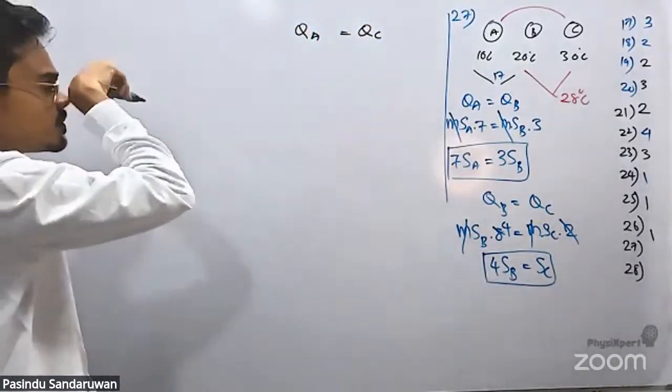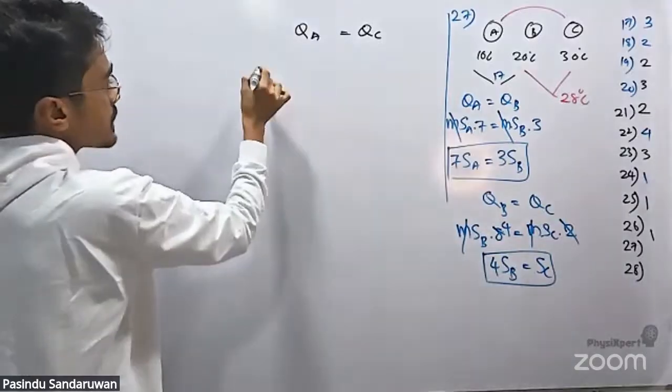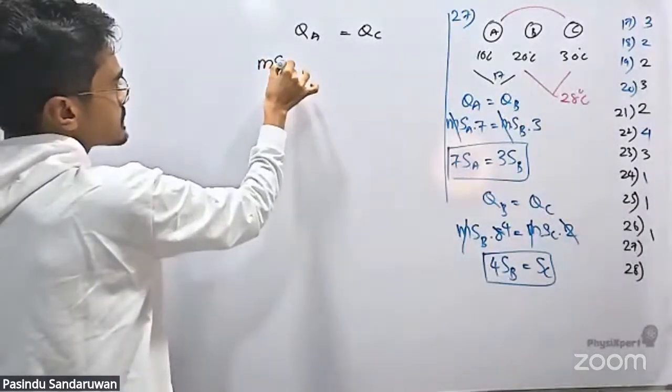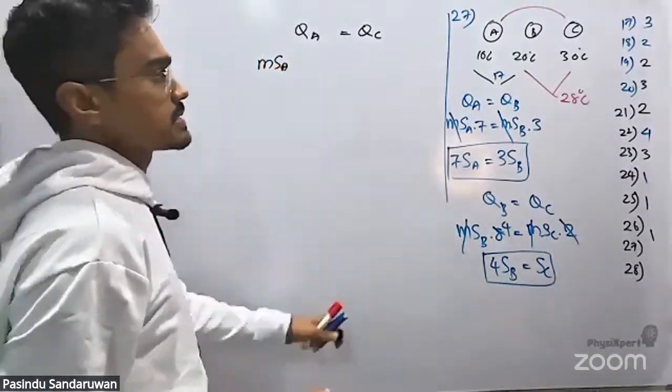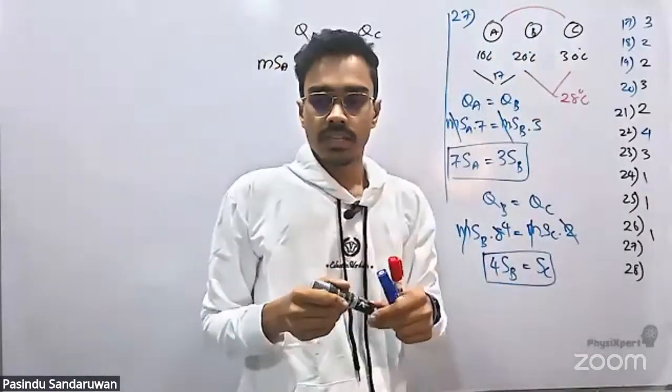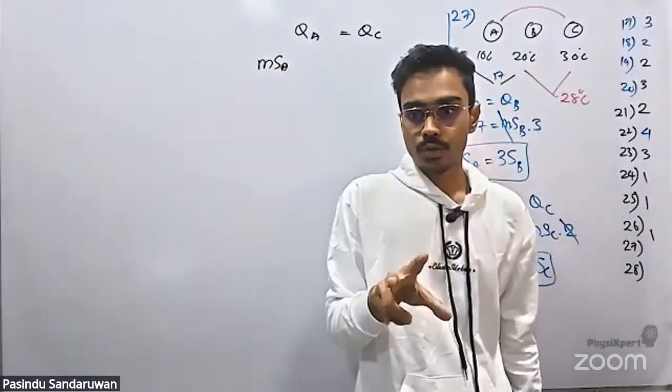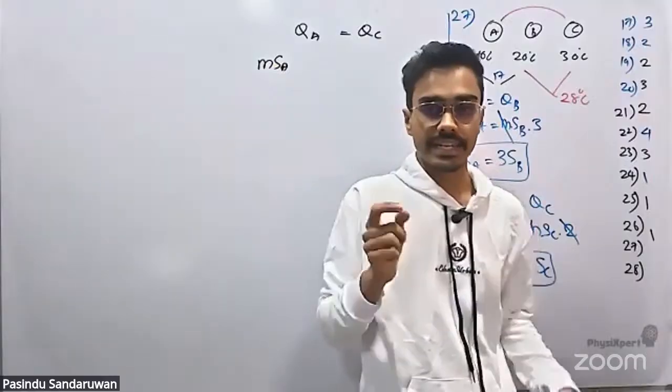Q can be written as m S theta. Now we don't know the final temperature, but two liquids at 10 and 30 are mixed.